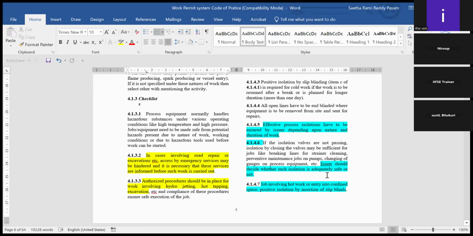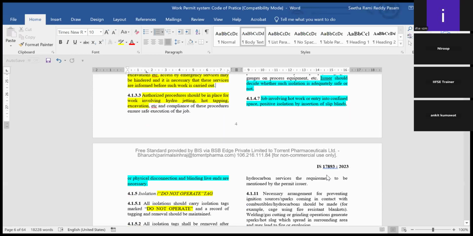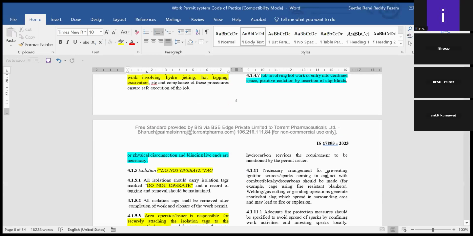It is also the responsibility of the issuer to ensure that whatever isolation process they have taken care of is sufficient or not. For jobs involving hot work or entry into a confined space, positive isolation by insertion or slip blinds, and also physical disconnection and blinding of live ends are necessary.